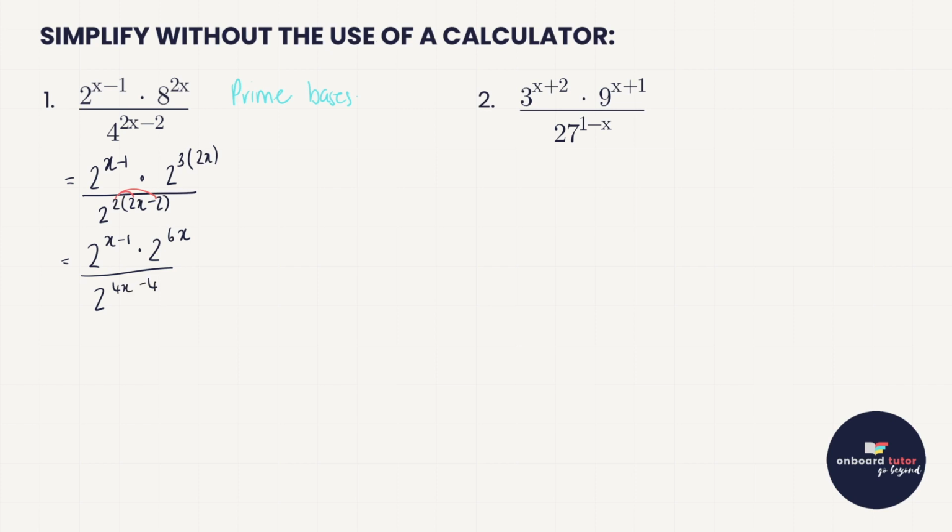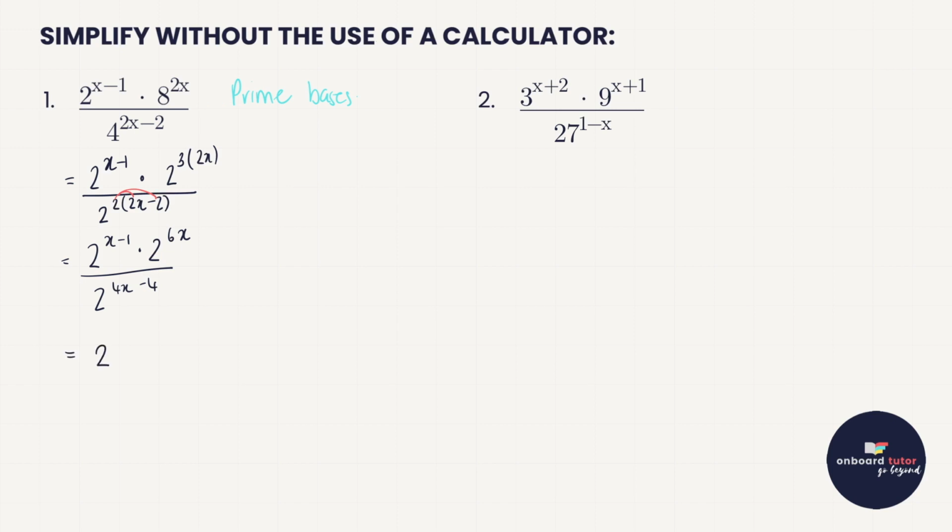Okay, now we've got two rules at play here. We've got multiplying the bases and dividing the bases. So the rule says when I multiply the base, I add my exponents, and when I divide the base, I subtract exponents. Okay, I'm going to do it all in one step. Watch closely.